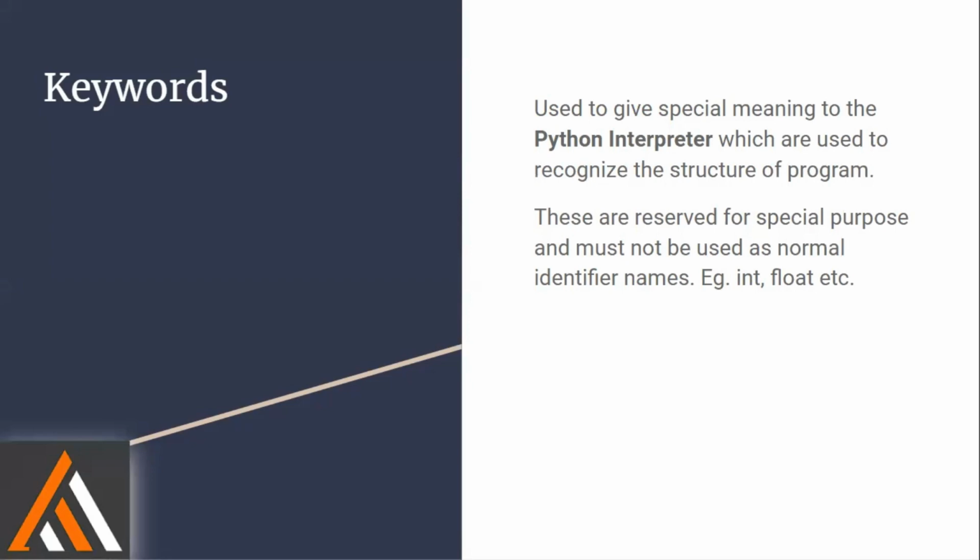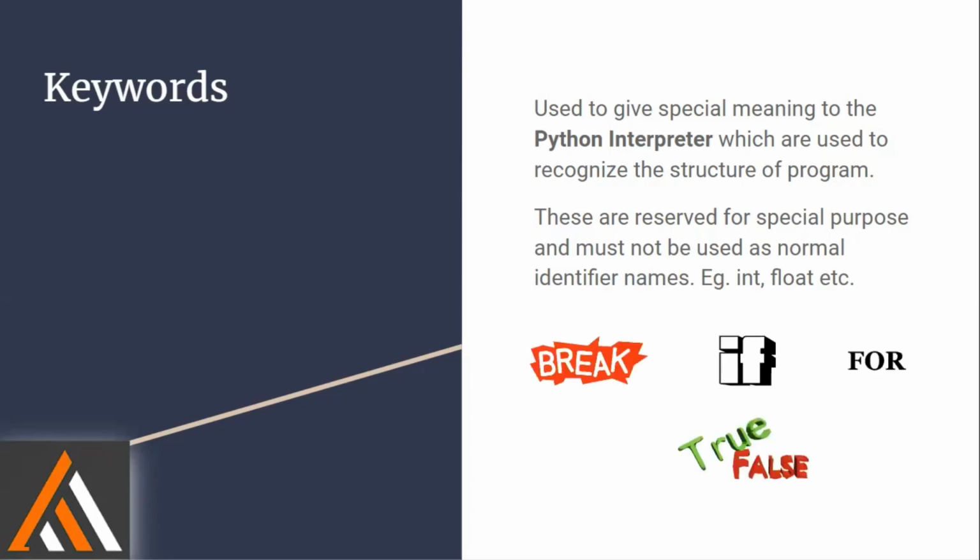This helps the Python interpreter recognize the structure of the program. All these reserved words have some special purpose. We can see the words break, if, for, True and False. We cannot use these words to create user elements.